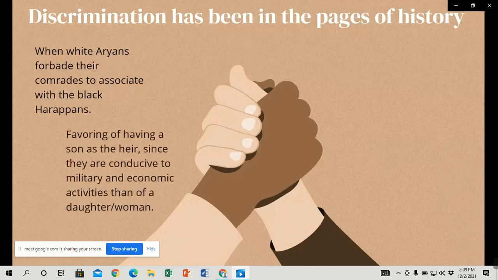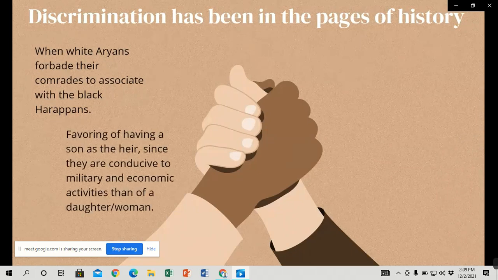Next, favoring a son as the heir, since sons are seen as more conducive to military and economic activities than a daughter or woman. Especially in a monarchy, or a system of government where there are rulers to rule their country or kingdom, it is favorable to have a male heir because they see that a male has the tendency to get the job done.